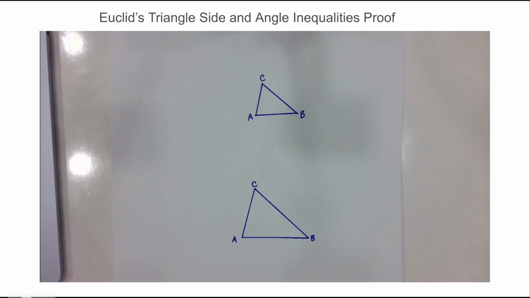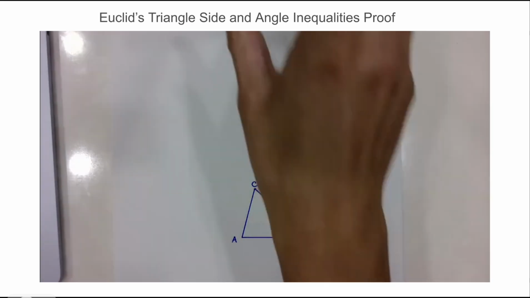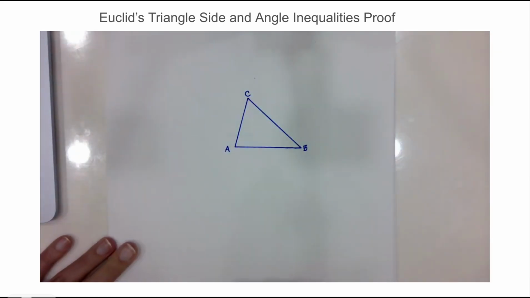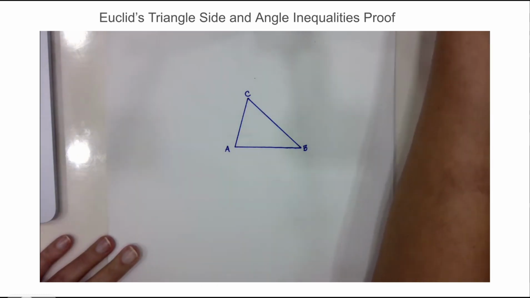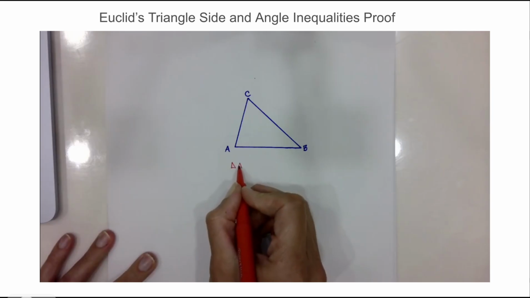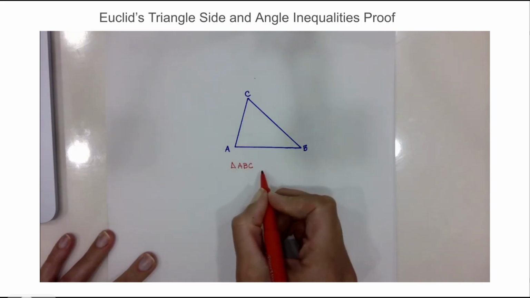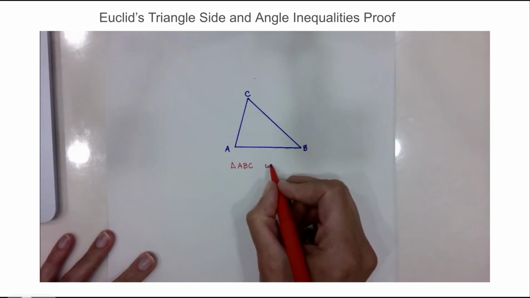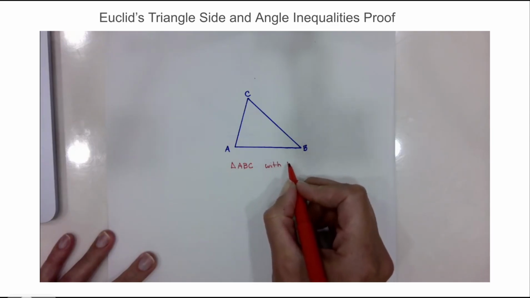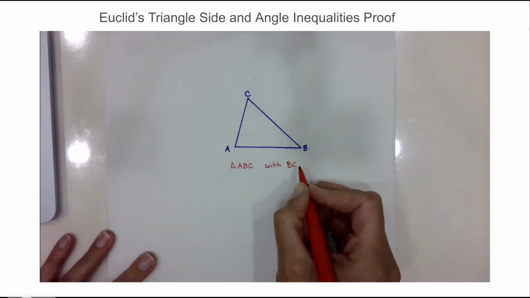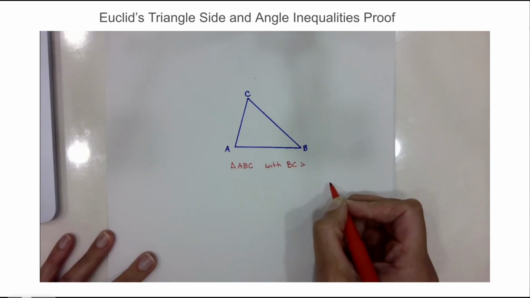So the first part says we have a triangle, we're going to use this larger triangle actually. Let me move this down. We have a triangle A, B, C, and they want us to know that this triangle A, B, C is with BC, this line segment right here, and that BC is greater than AC.